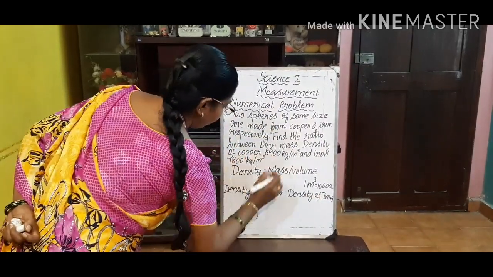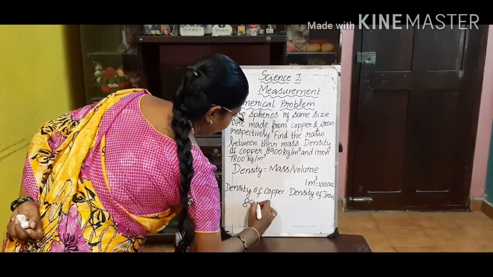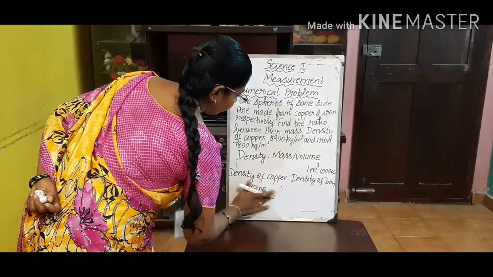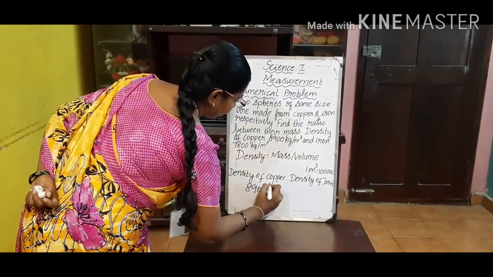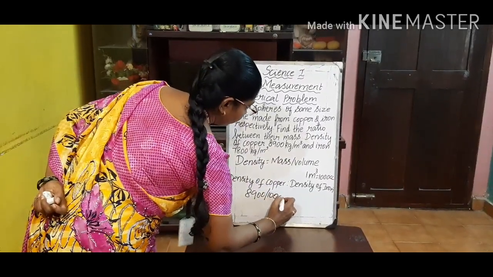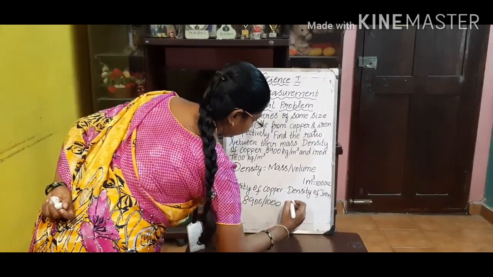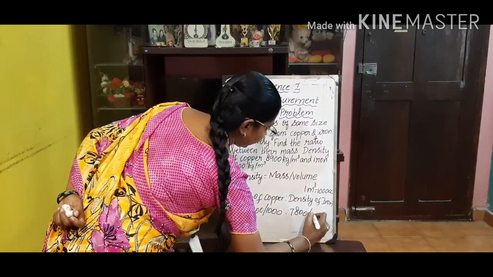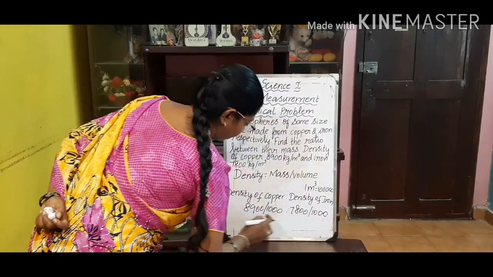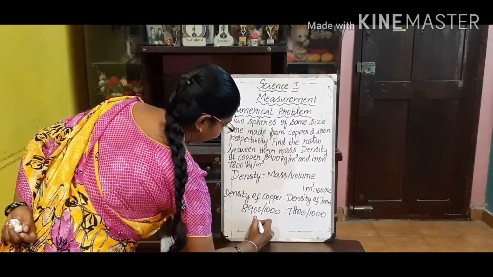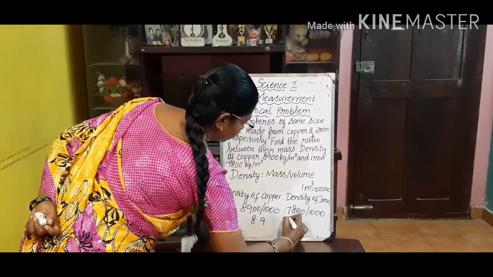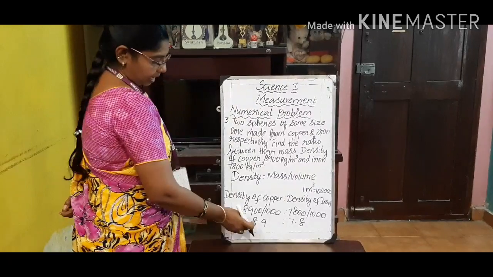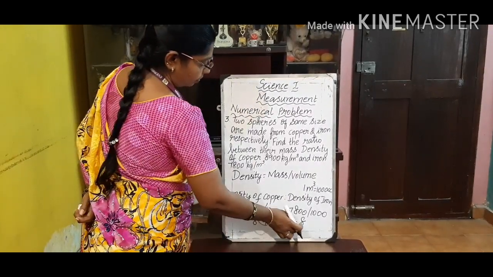So density of copper is 8900 kilogram per meter cube. 8900 by 1000. So this 1000 cc by 7800 by 1000. So when you divide this by 1000, you will be getting 8.9 is to 7.8. So the ratio of the density is 8.9 is to 7.8.